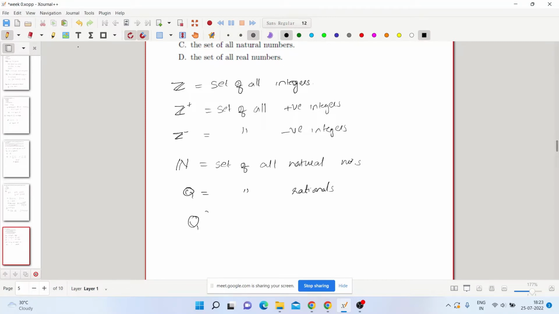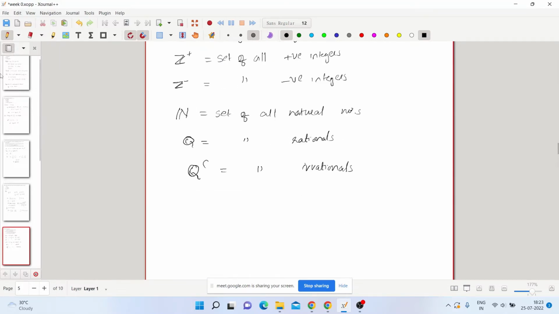And Q complement is the irrationals. And for real numbers we have the notation R, R with an extra line. This is the notation. R is the set of all real numbers. As explained in Z plus and Z minus, if we have R plus and R minus, we can say R plus is the set of all positive and R minus is the set of all negative real numbers.